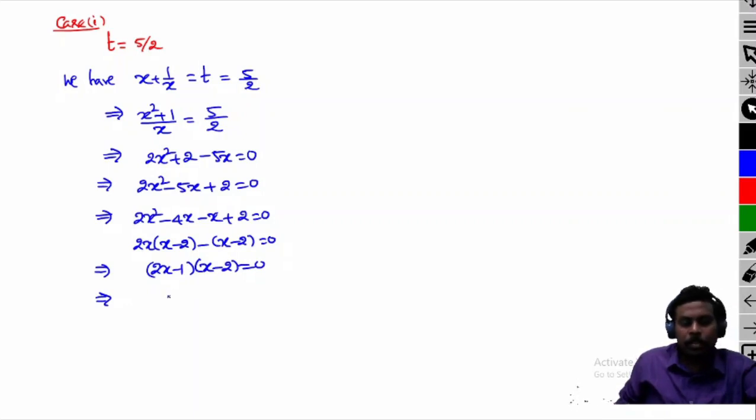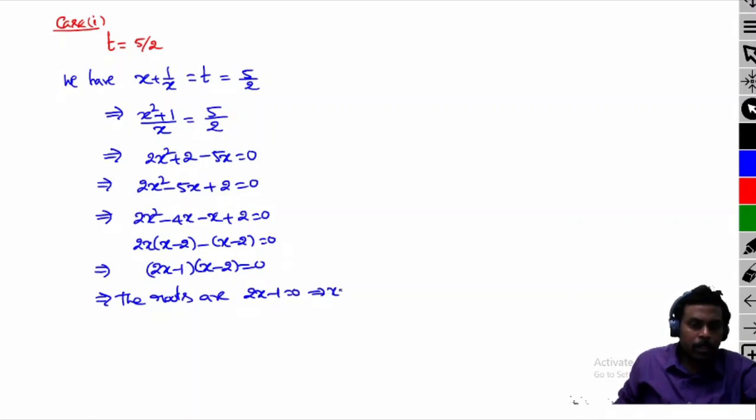This implies the roots are: 2x minus 1 is equal to 0 implies x is equal to 1 by 2, and x is equal to 2. So the roots are 1 by 2 comma 2.